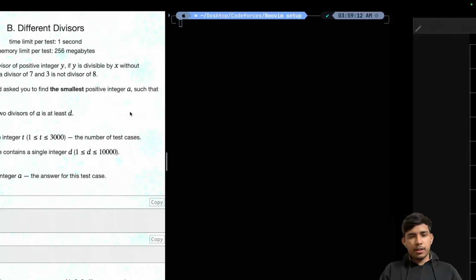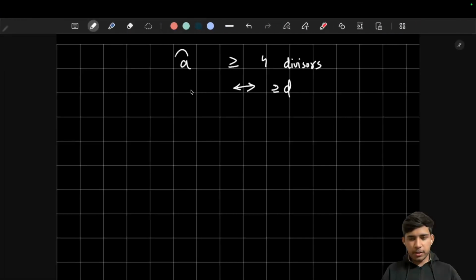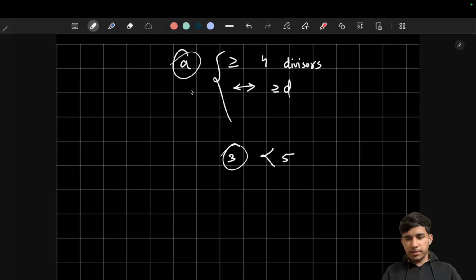We have to find the smallest integer a which satisfies both these conditions. Of course, if a number has more divisors, suppose a number has three divisors and another has five divisors, this number would be greater than that number, right?